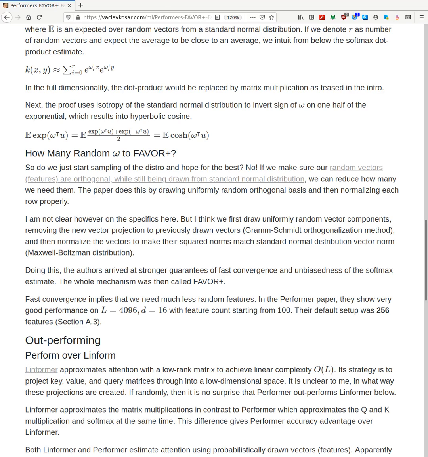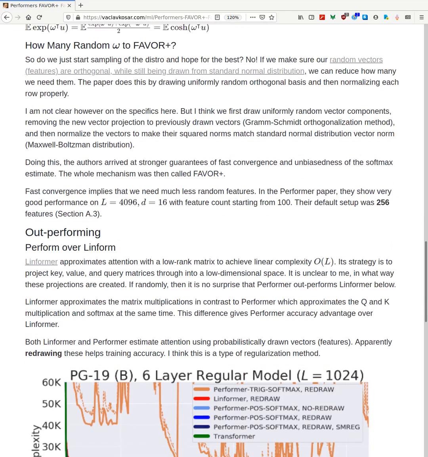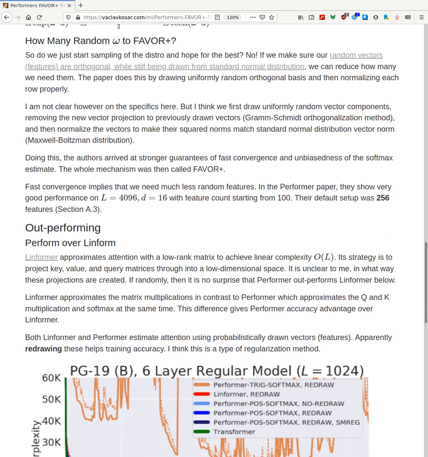And if they use this cosine, they actually get a better approximation with fewer vectors. That's what we want to get. And they call this mechanism FAVOR, but sorry, I'm actually mistaken. There's one more thing in the approximation that helps to reduce the number of random vectors or random features.